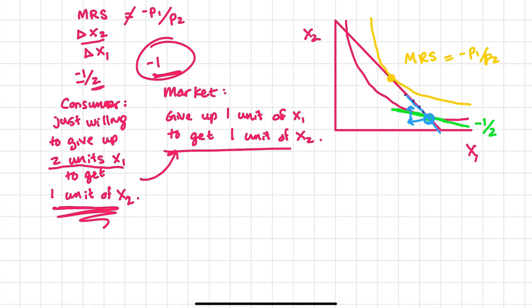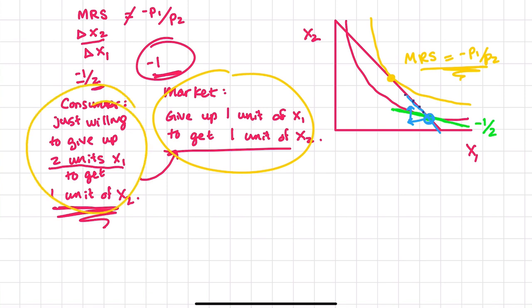In this case, the market makes an offer like this. The consumer is willing to do something like this, and when these two things are equal, the consumer is just willing to give up a little bit of x1 to get a little of x2, or the opposite. But they're going to stay right here, and that's the optimal bundle.